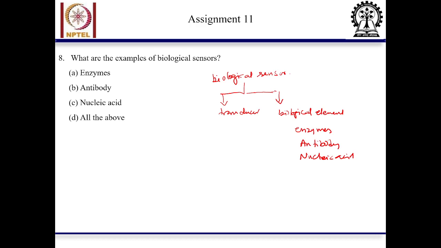So basically, this biological element interacts with the analyte which is going to be tested.